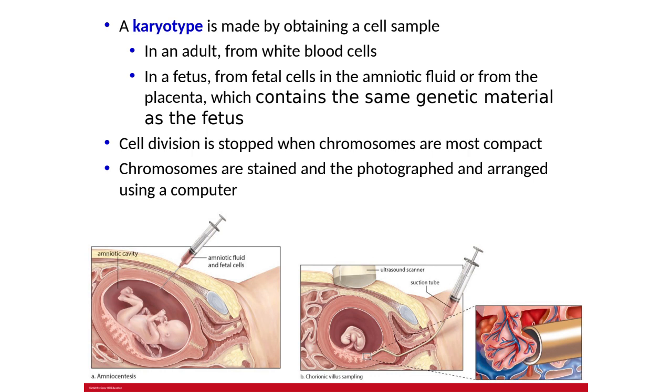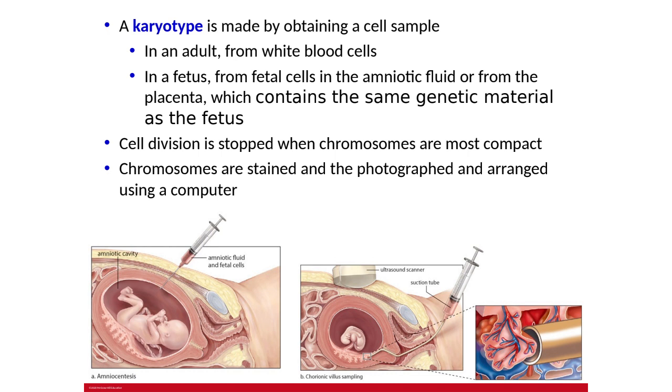In this slide, I'd like to talk a little bit about how a karyotype is made. You have to start first with obtaining a cell sample. In an adult, this is relatively easy. You would just get a blood sample, and within that blood sample, there would be some white blood cells, and then you'd separate those out, and then you would use those as your sample cells. In a fetus, it's a little more complicated.